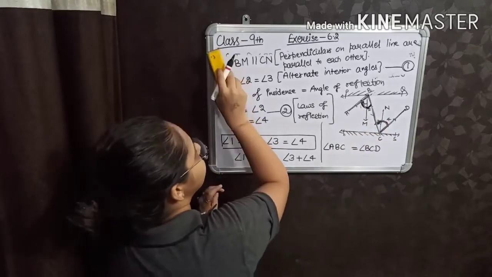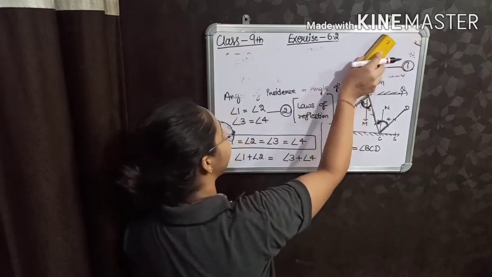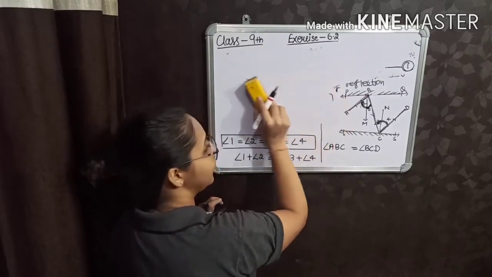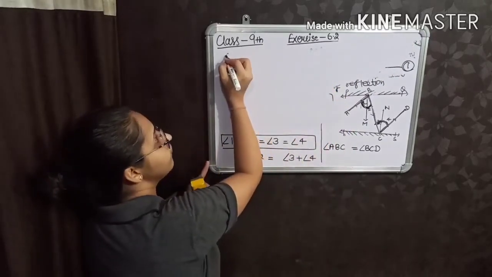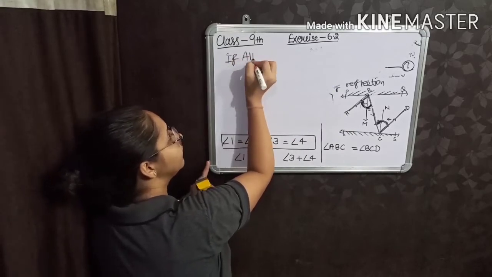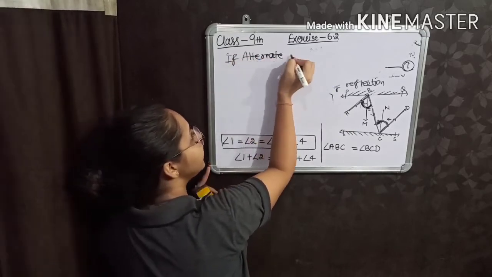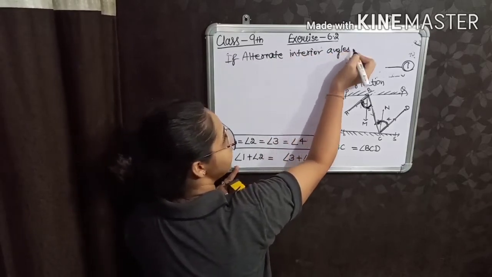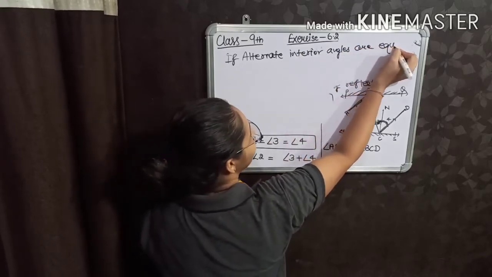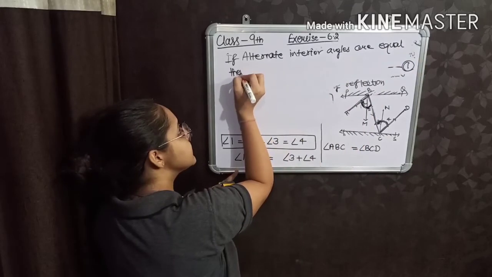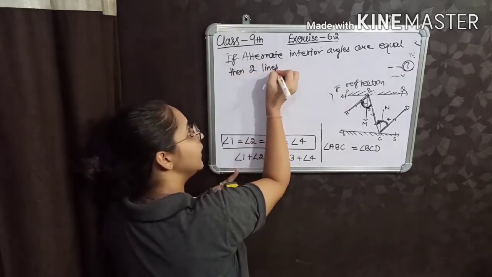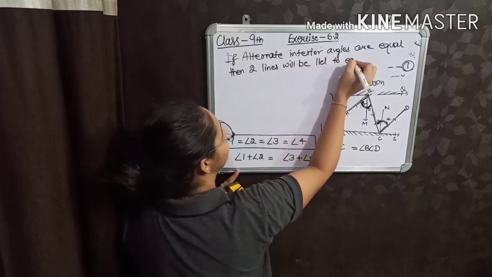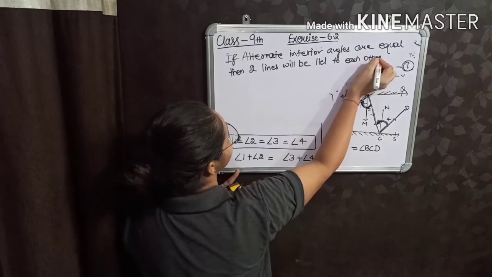And you know very well that if alternate interior angles are equal, then the two lines will be parallel to each other. And the same concept applies here.